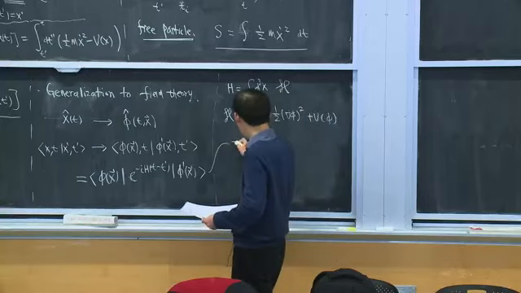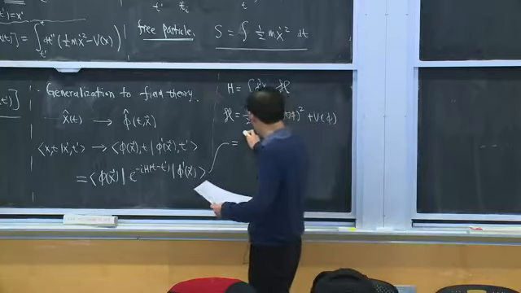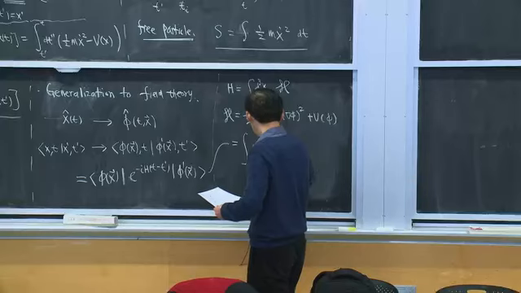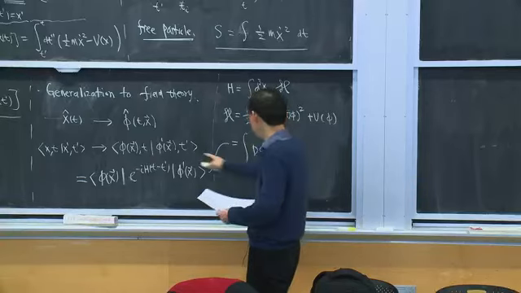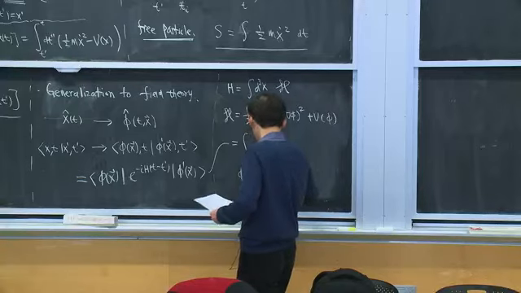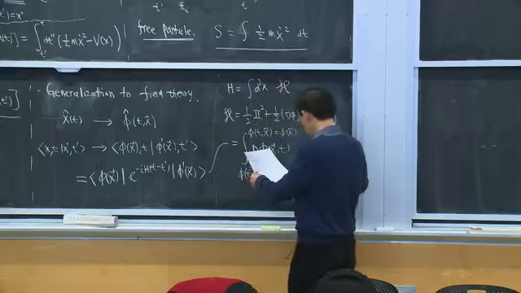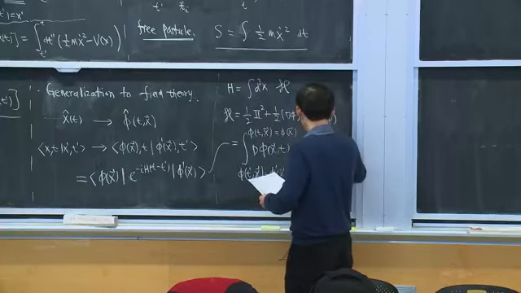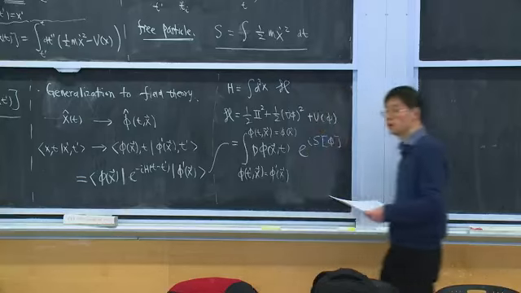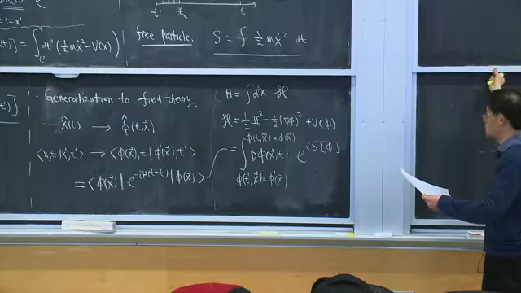Now this can be written as a path integral of phi, where you integrate over all possible configurations of phi with the boundary conditions phi(t prime, x) equal to phi prime(x) and phi(t, x) equal to phi(x). And again, you have the exponential of i S, where S is the action for phi.